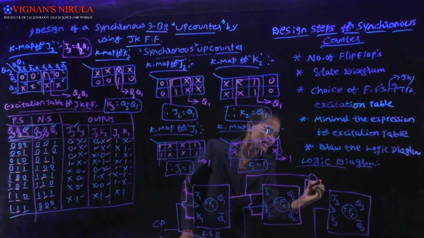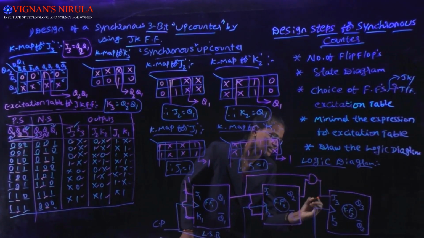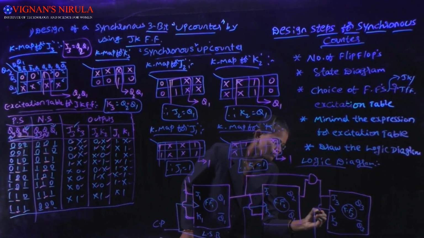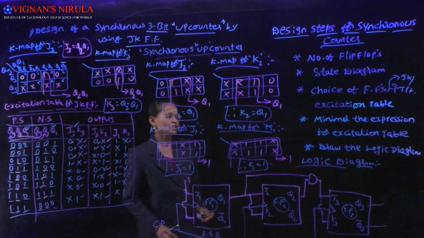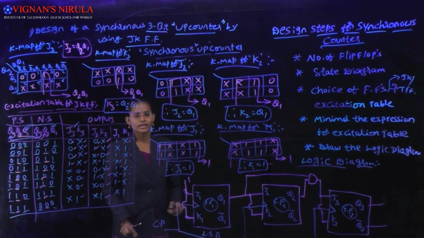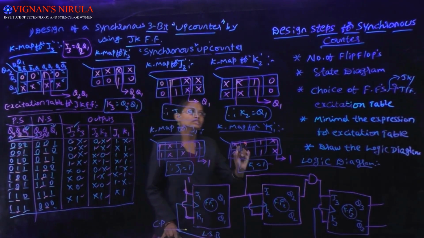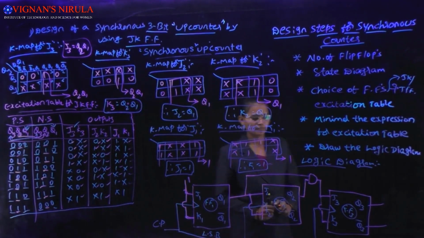This output is connected to J3 and K3. Okay, and this is the logic diagram. Okay, this is the synchronous up counter. Okay, this is overall about the synchronous up counter.